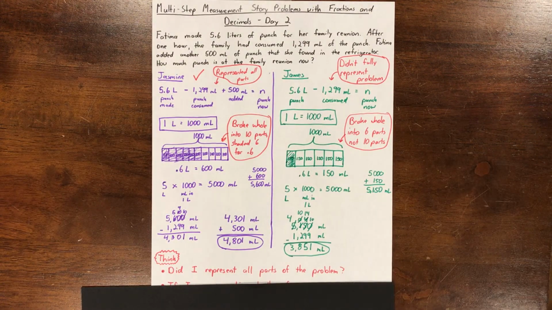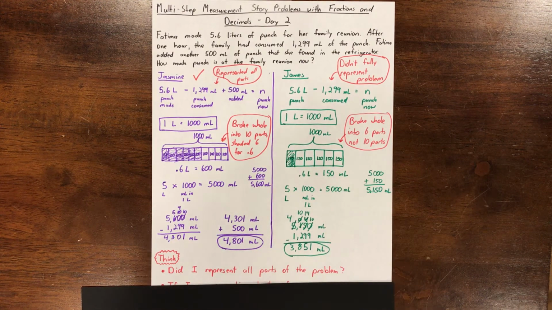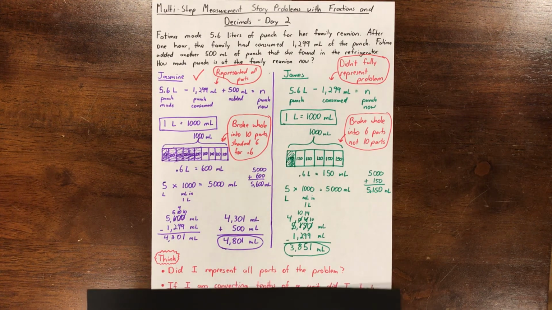Okay, so what can we be thinking about so that we can learn from James's mistake and not make it ourselves? Go ahead and explain your thinking out loud here. Yeah, when we're converting tenths of a unit, we have to break our whole into 10 equal parts.